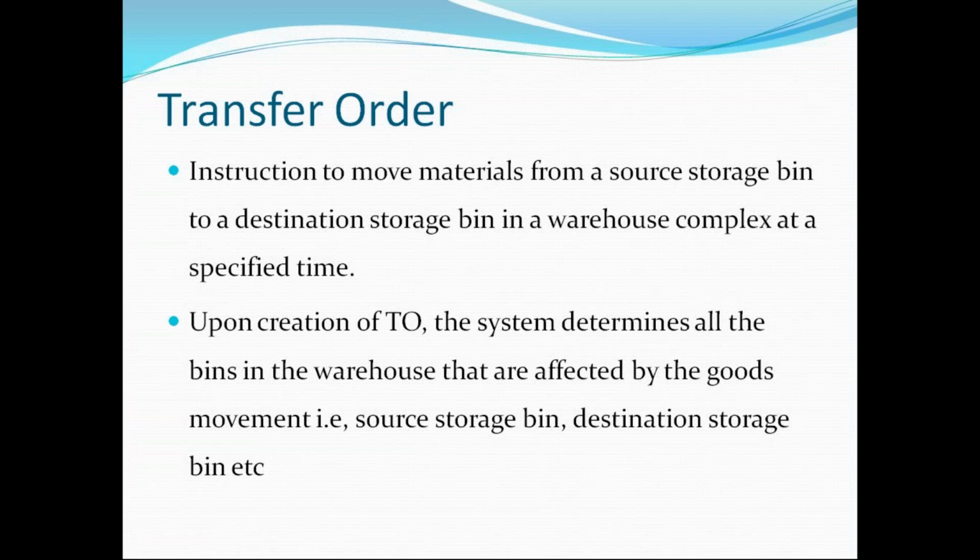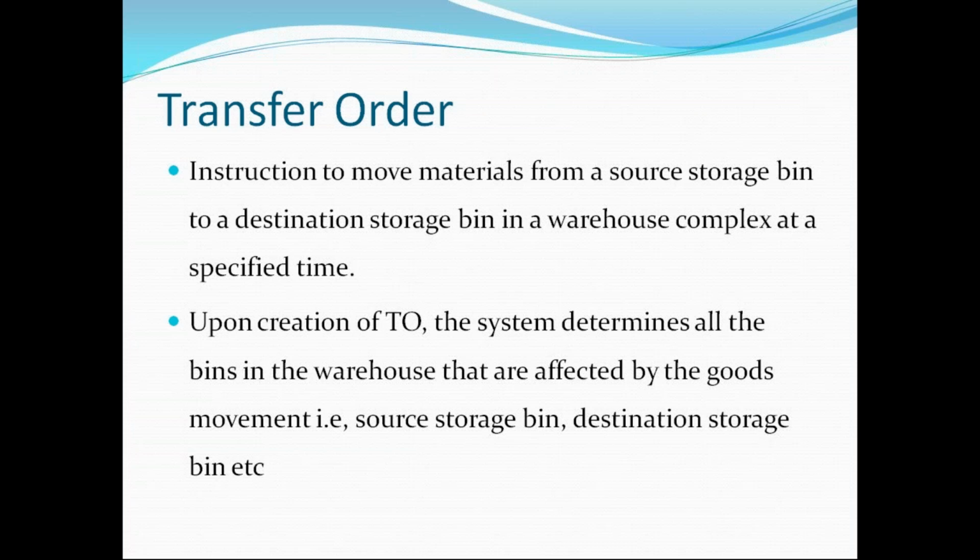In the manual creation of transfer order, how it works is that we have manual T codes for the creation of transfer orders. For example, we have the T code LT01 for the creation of a transfer order for a material.